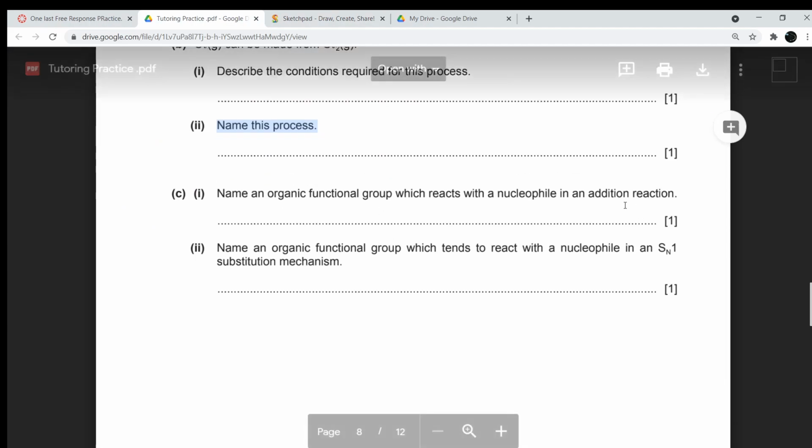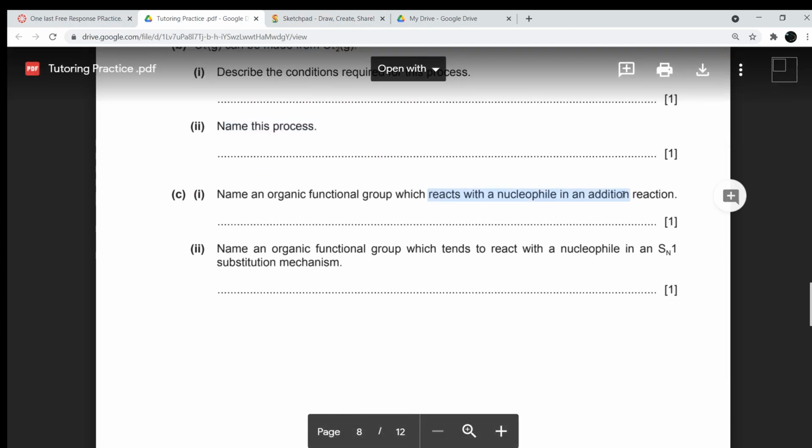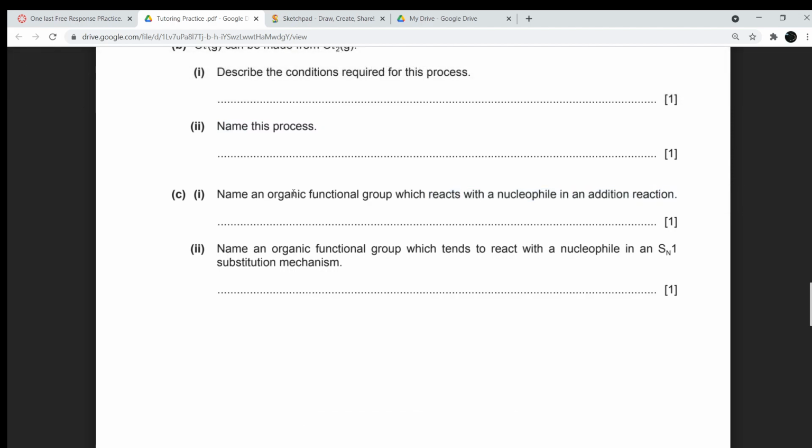Name an organic functional group which reacts with a nucleophile in an addition reaction. So we're looking for some type of functional group which a nucleophile can attack. A nucleophile wants to grab onto a nucleus in an addition reaction.